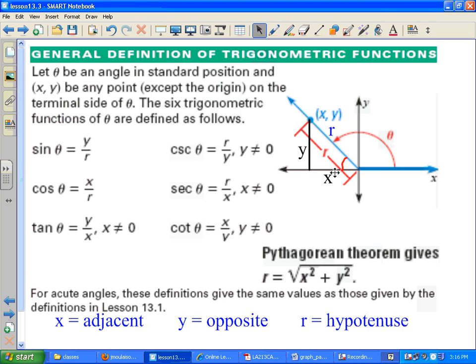In the coordinate plane, while x and y can be positive or negative depending upon which quadrant, for example, with this point x, y, the x value would be negative, while the y value would be positive because we're in the second quadrant. So x and y will change from positive to negative depending upon the coordinate. The r value is always positive.